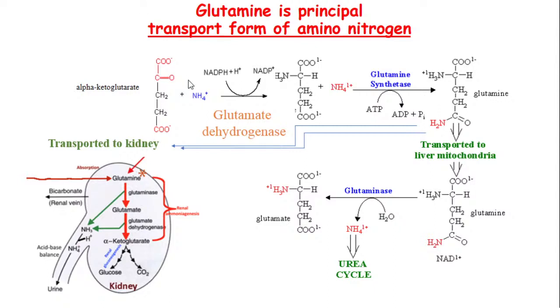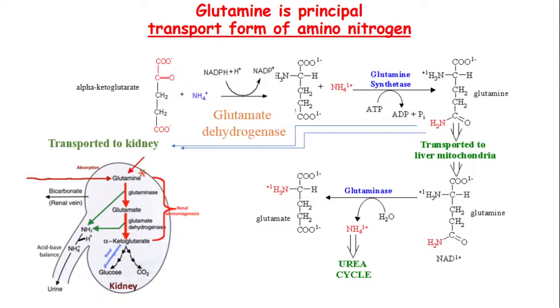So these reactions, please write. Formation of glutamate from alpha-ketoglutarate, then glutamine synthetase reaction with ATP, formation, transport to mitochondria, transport to kidney, where glutaminase acts. Glutaminase releases free ammonia.